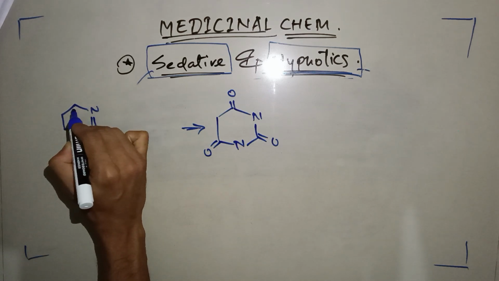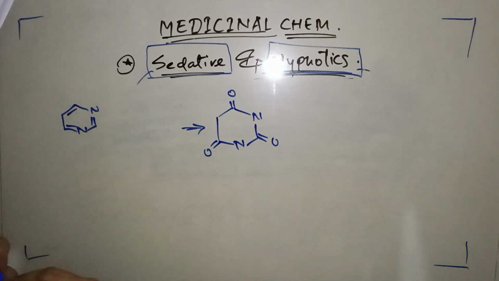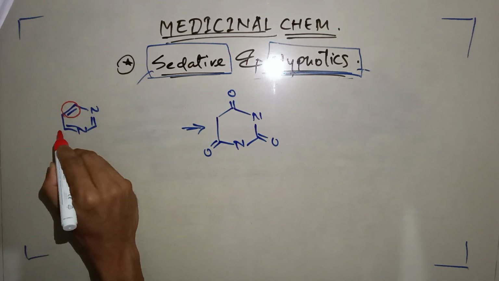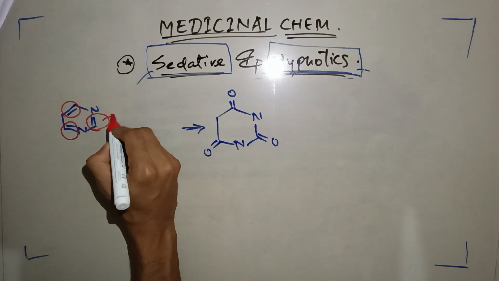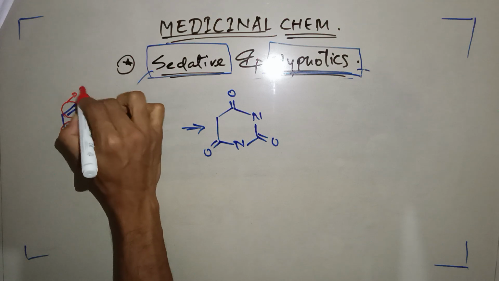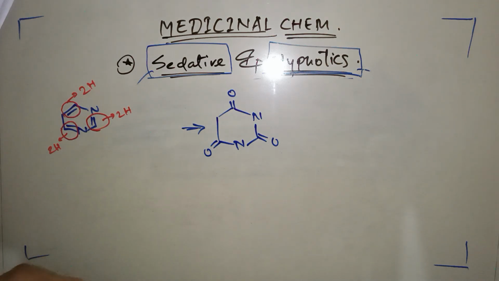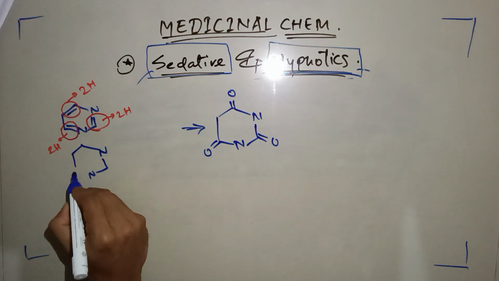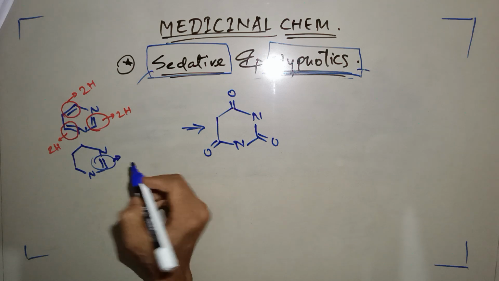In this, 3 double bonds are present. When we remove each double bond, we add 2 hydrogen. So if from the structure of pyrimidine we remove 1 double bond and add 2 hydrogen, it is called dihydro.